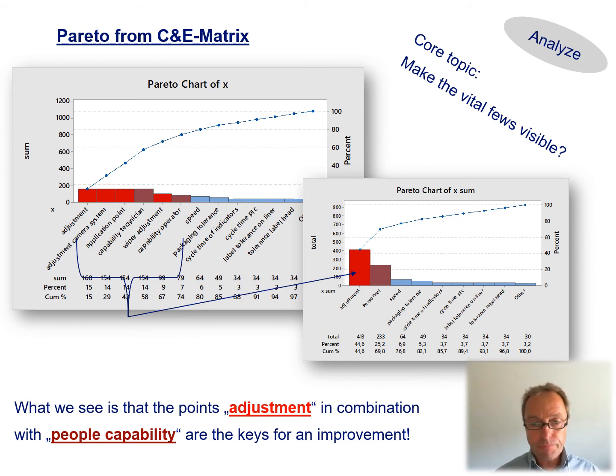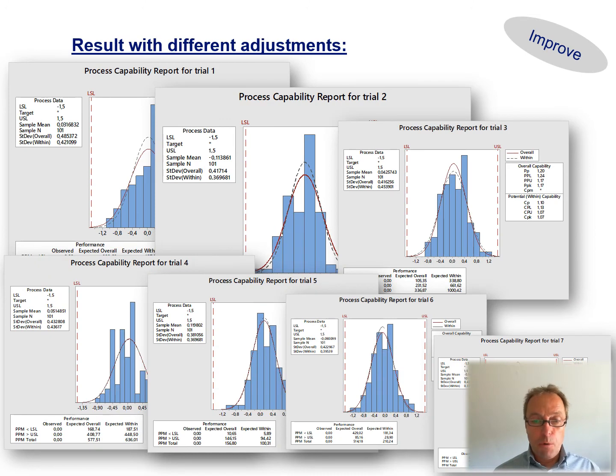When we analyze this and know what the drivers are, we also know what we have to improve and where. When you have figured out where the improvements are, you make different trials. You change the application point, or maybe a part or a complete system, or you make a change in the program, whatever.